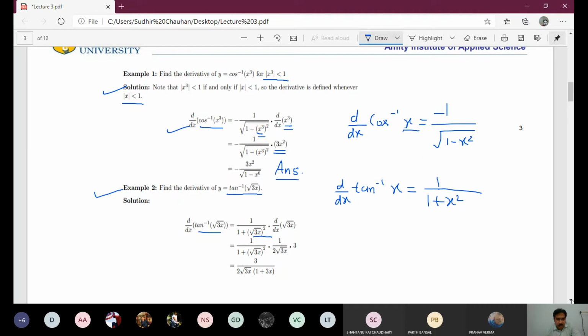So it is 1 upon 1 plus under root 3x whole square, and then we'll multiply by differential coefficient of under root 3x. If we differentiate under root x, it will be 1 by 2 under root x. So it is 1 by 2 under root 3x, and then again differential coefficient of 3x is 3. So we simplify it, it is 3 upon 2 under root 3x, 1 plus 3x. So that is the answer.